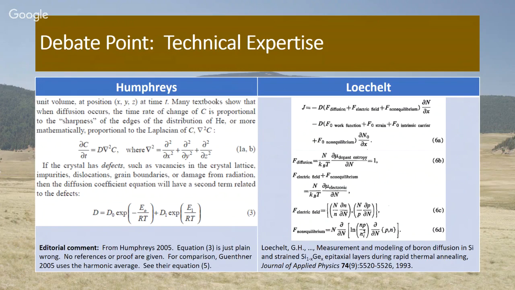And just to give an example, equation 3: he had two different mechanisms for the diffusion, and he just simply added them together. And this in itself may seem to be a reasonable thing, but there's really not a good explanation for it. And let me just give you an example of this.